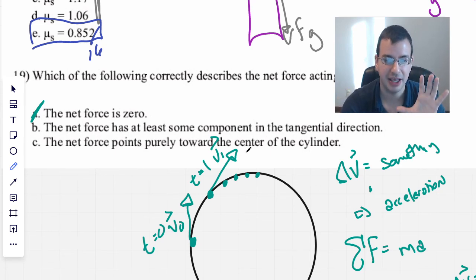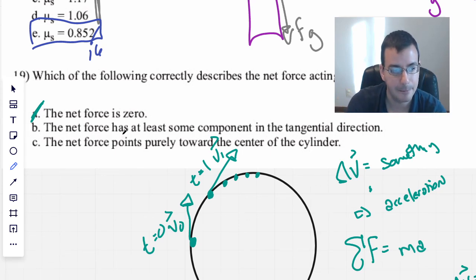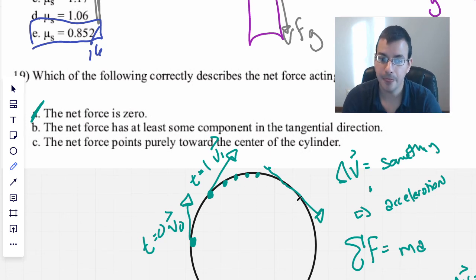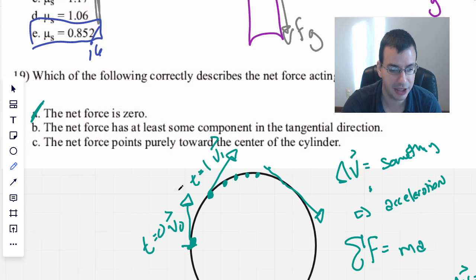Therefore, there's not going to be any net force tangential. And by tangential, it means it touches in one point. So something like this. These velocities I drew right here are tangential to the spinning cylinder. But since these are all the same magnitude, this option will not be true.